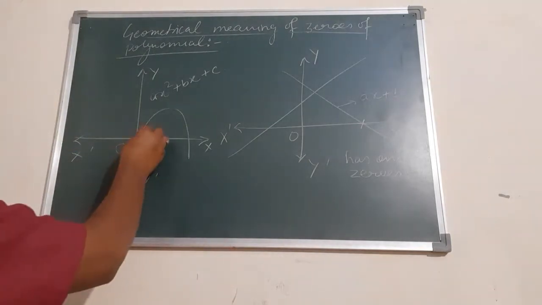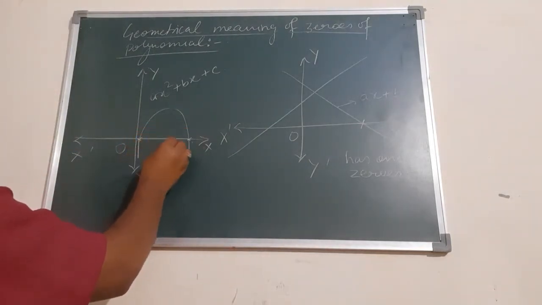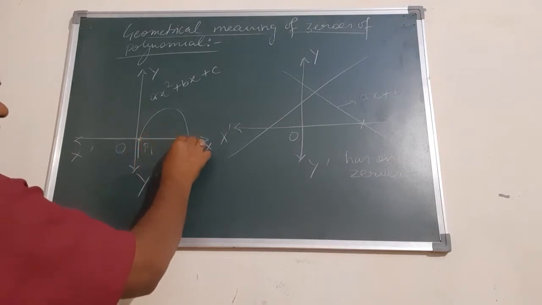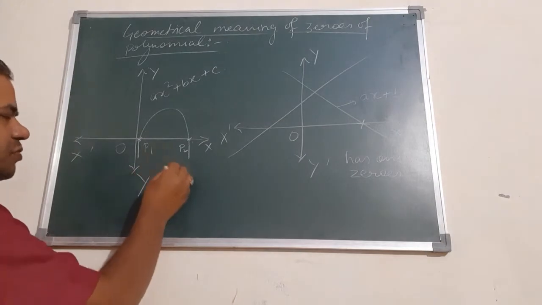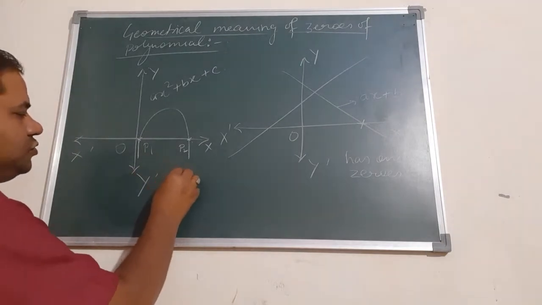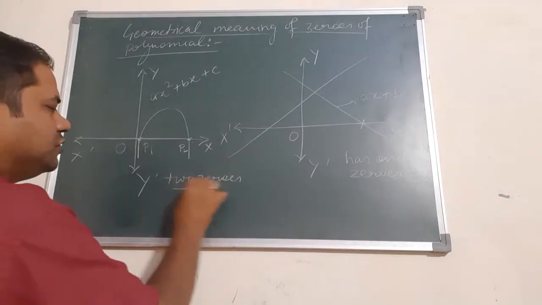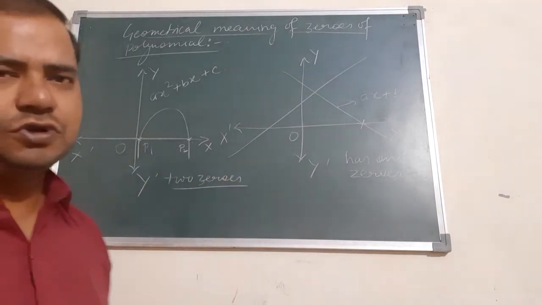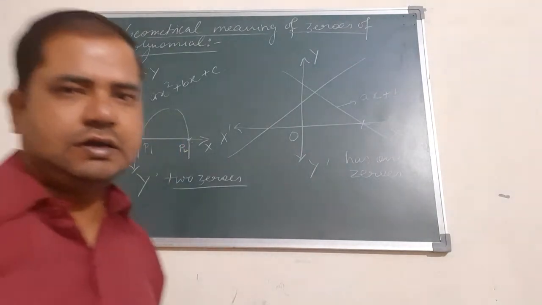Similarly, if you see, this parabola has 2 points of intersection, say P1 and P2, on the x-axis. That means this polynomial has 2 zeros. Why? Because there are 2 points of intersection.